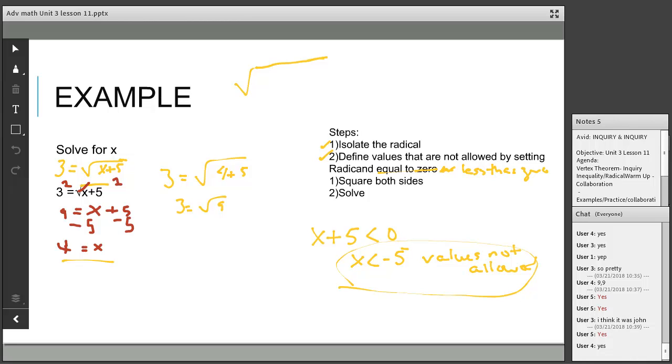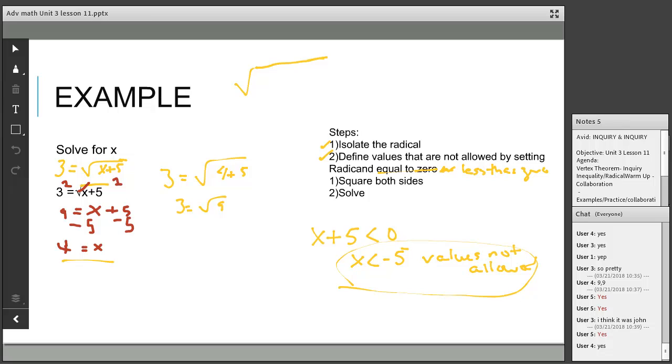Just to let you know, sometimes when you're solving these radical expressions, either equalities or inequalities, you will get values of x that do not work. You have to go back and check them all. Anybody remember what it's called if you solve a radical expression and you get a value that doesn't work?